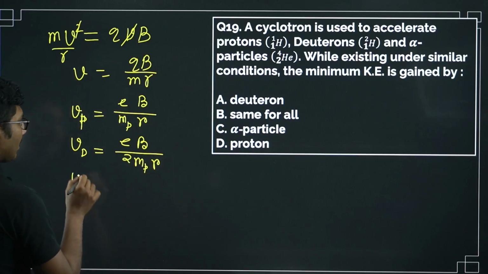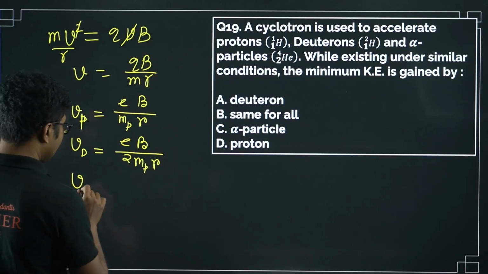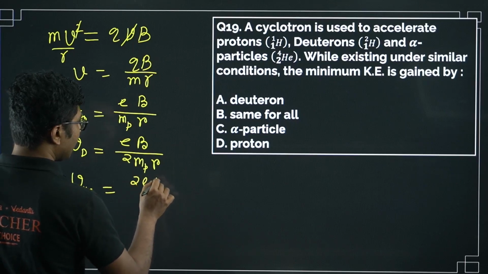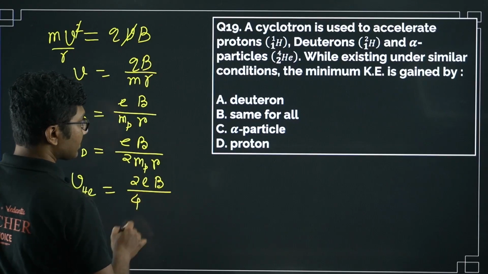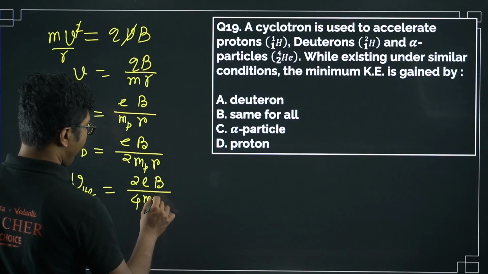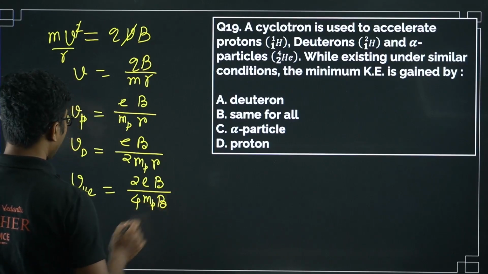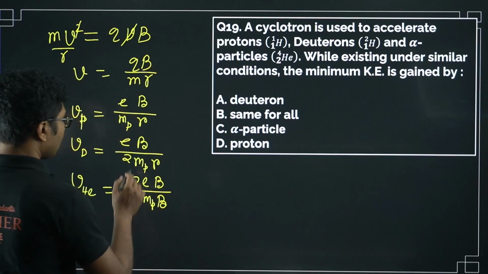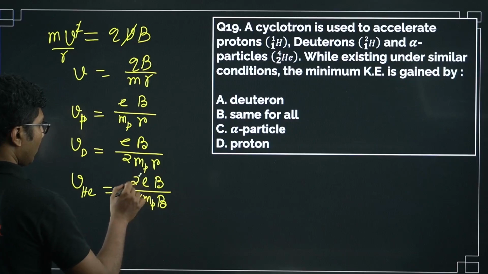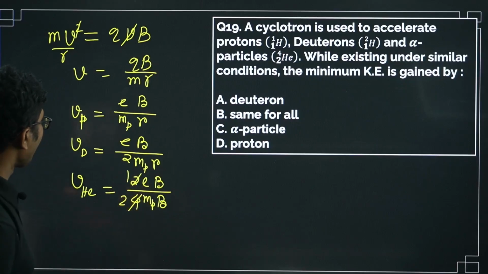Now what about helium or alpha particle? Alpha particle has double charge, it has 4 times mass. 4 times mass. So it will be 1 by 2.